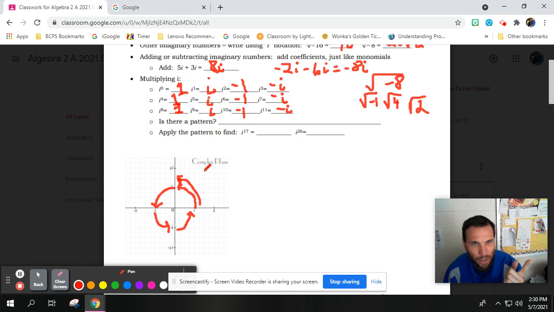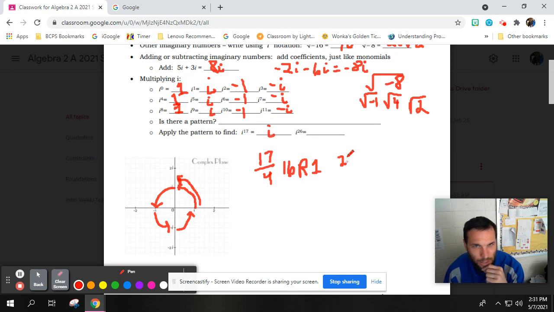And a way to think about it is you divide the exponent by 4 and you see what the remainder is. So for i to the 17th, 17 divided by 4 is 16 with the remainder of 1. So having a remainder of 1 would be right here. It'd be i.